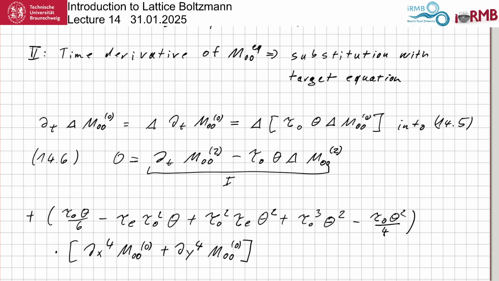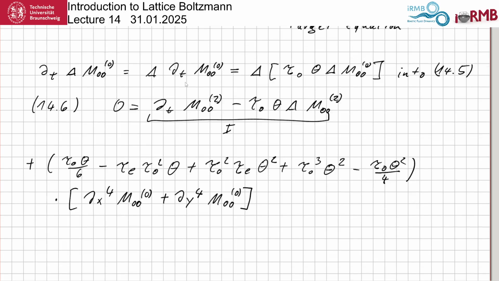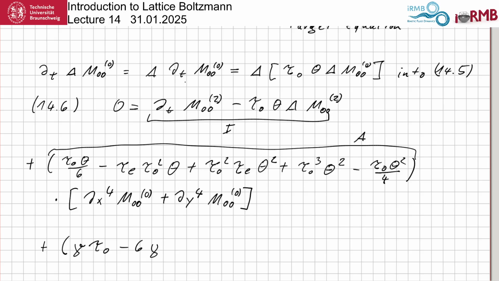And then we have the mixed derivatives. By the way, I'm going to call this guy here A. And have, in addition to this, gamma tau odd minus 6 gamma tau even tau odd square minus tau odd theta square half plus 2 tau even tau odd theta square plus 2 tau odd theta.